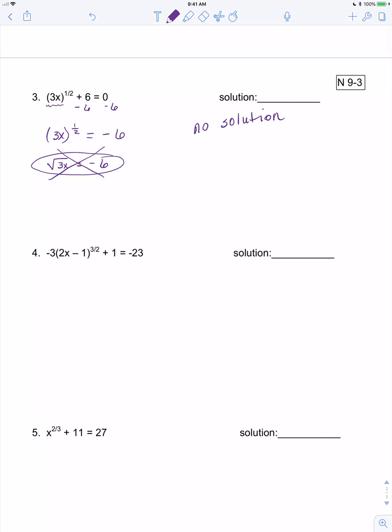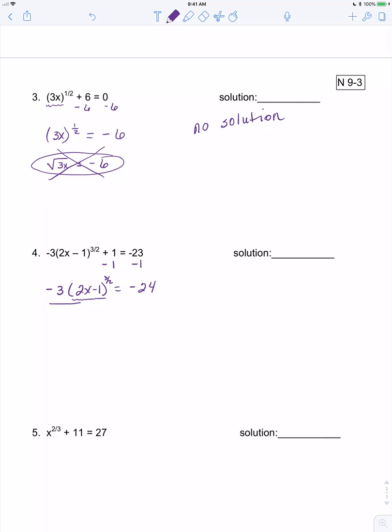All right, so let's have a couple more examples here real quick. So in this instance, first we're going to subtract 1. So we've got -3 times (2x minus 1) is equal to -23 minus 1 makes -24. Now remember, only this part is brought to that power, what's in parentheses.